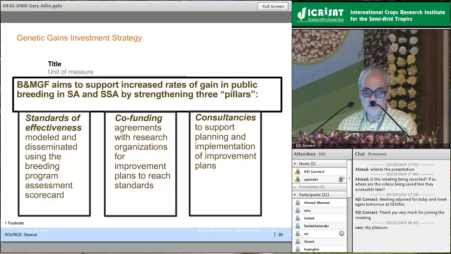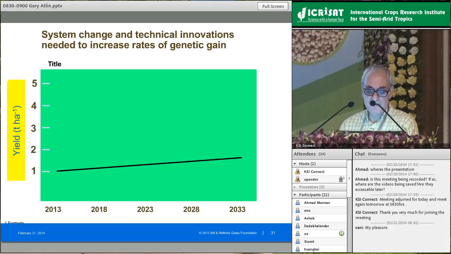To sum up, for the type of systems change and technical innovation that we need to increase rates of genetic gain, I would say that the first is improving the standards of management. Second would be pipeline and network optimization through mentoring and consultancies.